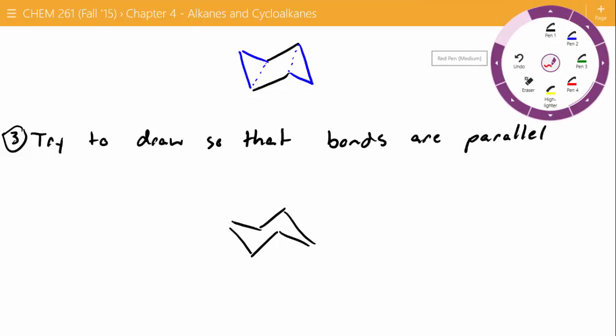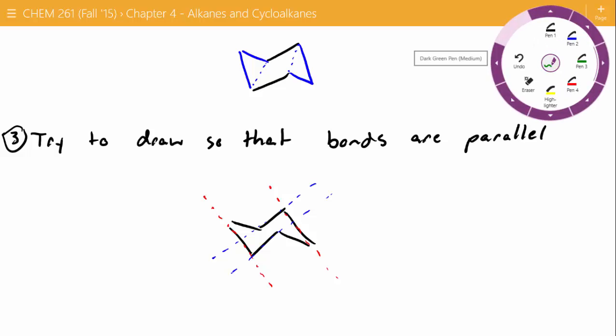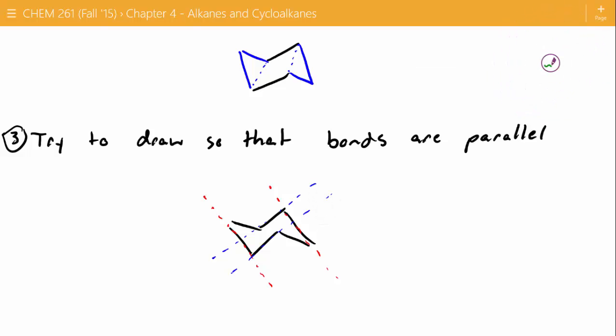What I mean by that is, you see how this red one is parallel with that red one? And then we've got our blue one right there that's parallel with this blue one right there. And then last but not least, we've got this green one that ideally these should be parallel as well. So you want to try to draw your chair structure as best as possible. It takes a lot of practice to get good at.